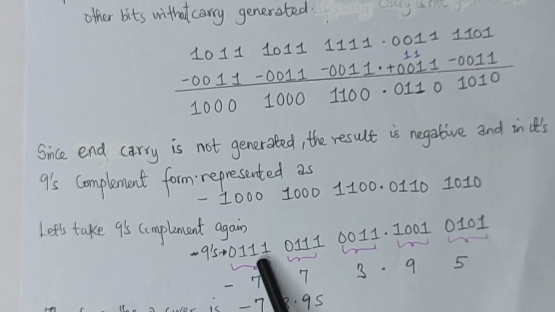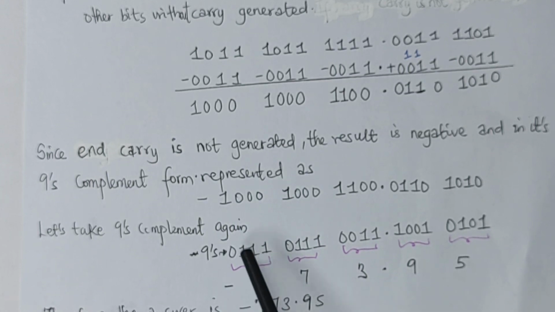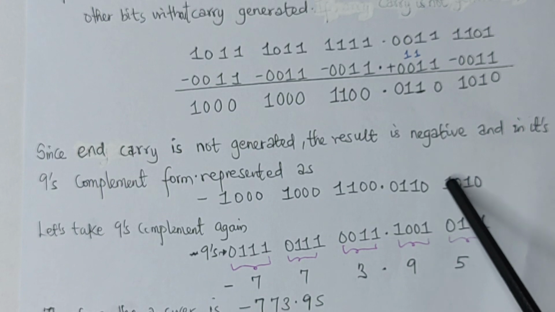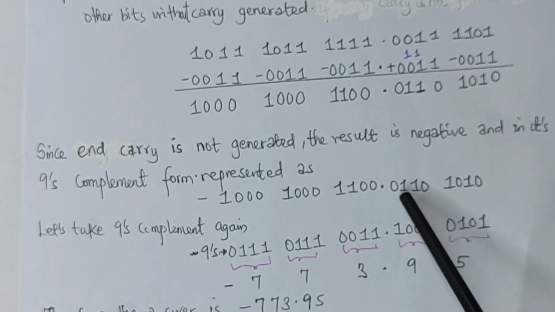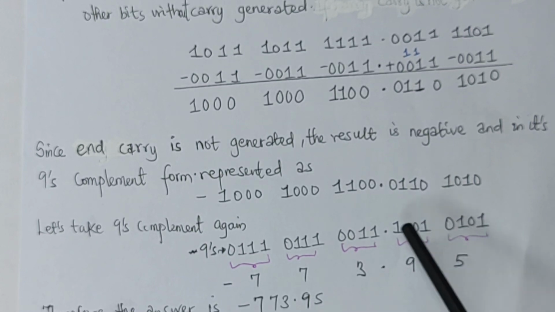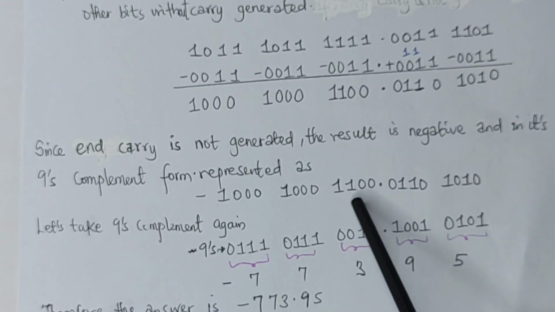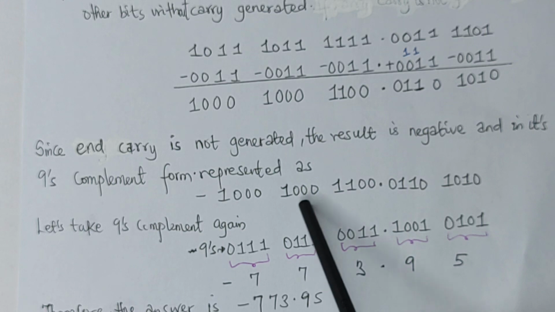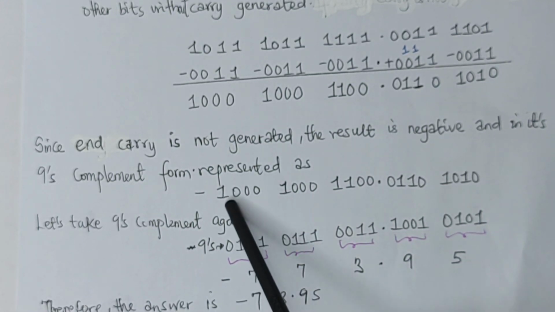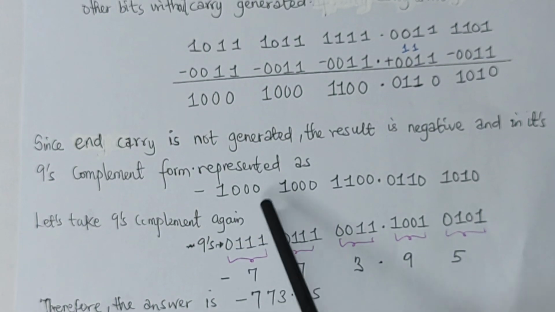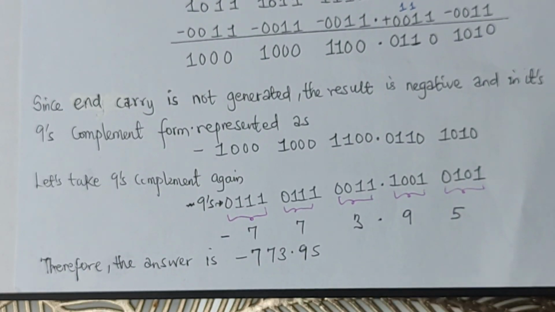That's another fast way to do it in binary form. So this is how we were able to get it. For your 1010, we have 0101. 0110 gives 1001 for 9th complement. 1100 will be 0011 for 9th complement. 1000 will be 0111 for 9th complement. And this one, 1000 will be 0111 for 9th complement.